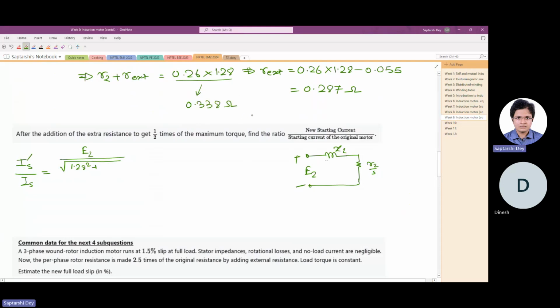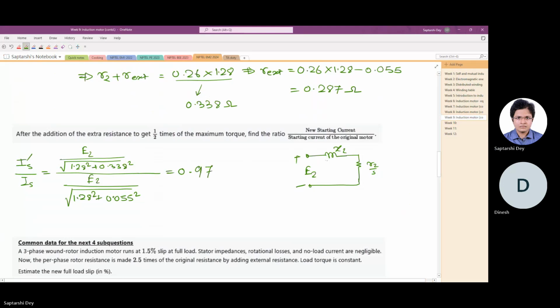So this is the new resistance after adding the external resistance. 0.338 squared, this is the new current. So by the older current, 1.28 squared plus the older value squared. So this calculation will give you some 0.9697.